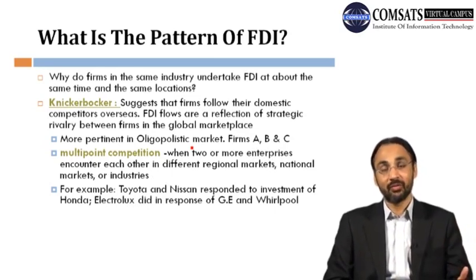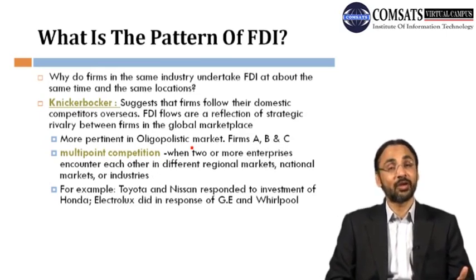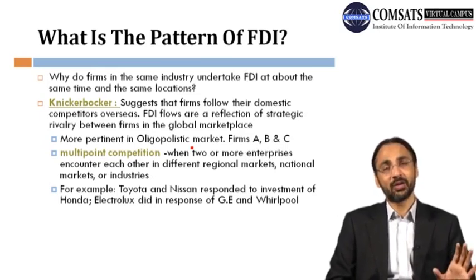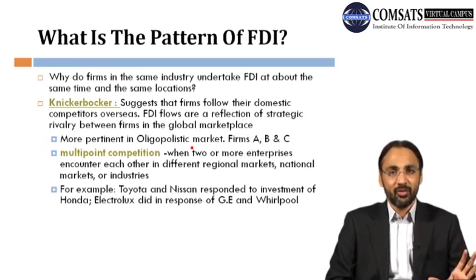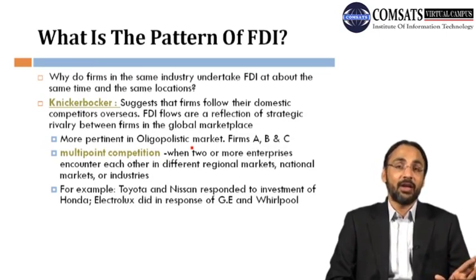And why are they trying to follow that? The main argument, the rationale this scholar is providing, is this: if that company succeeds in China, it will get more revenue. Of course, they will capture a new market, and their production level will increase.